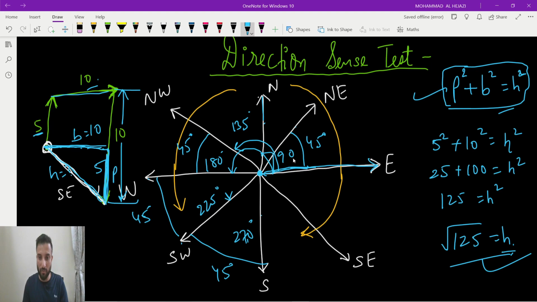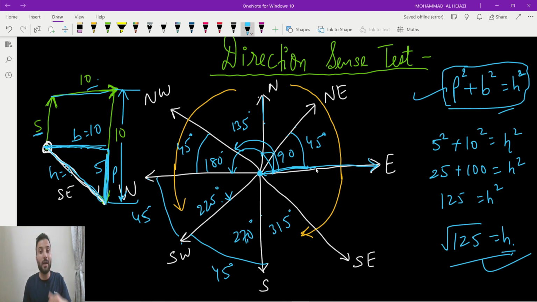If you start from here, you reach here at 45 degrees. Starting from here, you reach here at 90 degrees. Same, starting from here, you reach here 135, here 180, here 225. It means what we have to do is keep on adding 45, 45, 45, like that. Here 270, then again add 45, means 315.